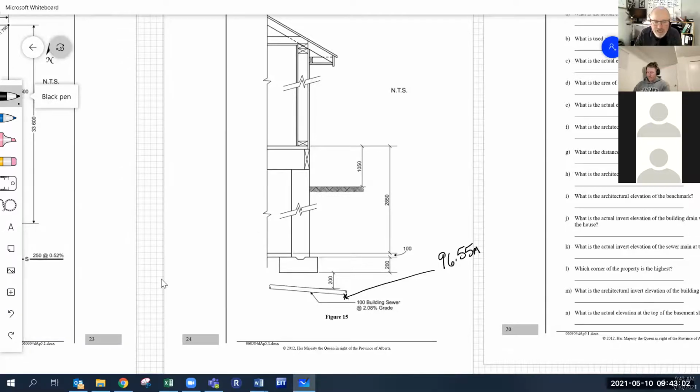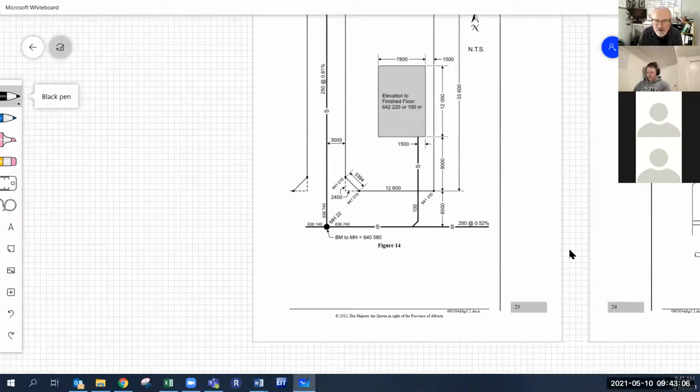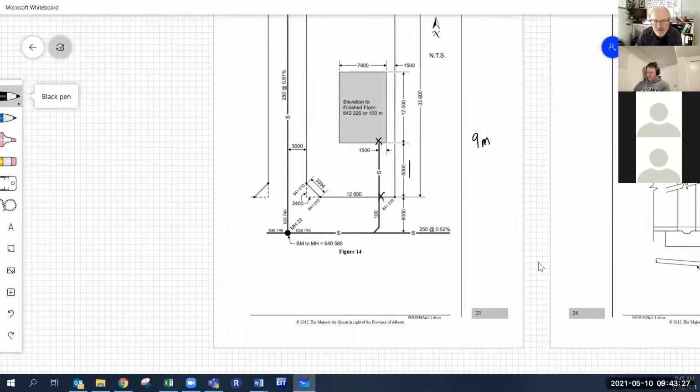So we're going to use that information because we're going to run from here to the property line. So we have a run of 9 meters or 9,000 millimeters. And we're running at a grade of, and if I go back to the other page, the grade was 2.08%.